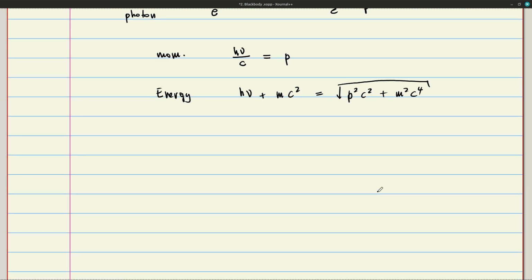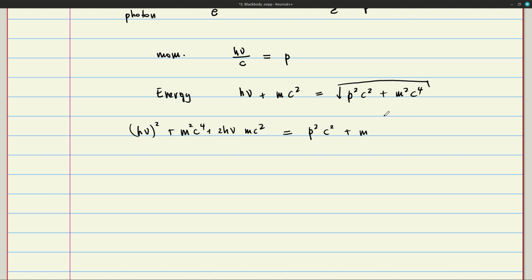So let's work this out. Maybe I can take the square of this. (h nu) squared plus m squared c to the fourth is equal to p squared c squared plus, okay, there's also a cross term that I need to write, plus 2h nu mc squared.